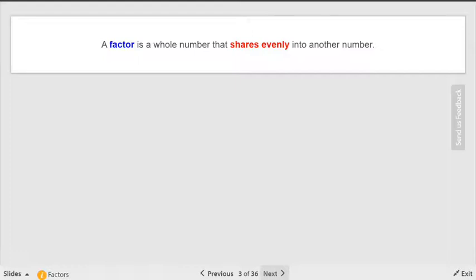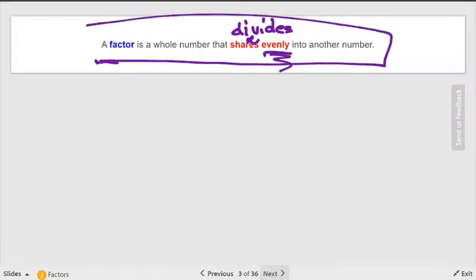You can say shares or you can say divides, but evenly needs to stay in there. In your notes, I expect you to say a factor is a whole number that either shares or divides, it means the same thing, evenly into another number.